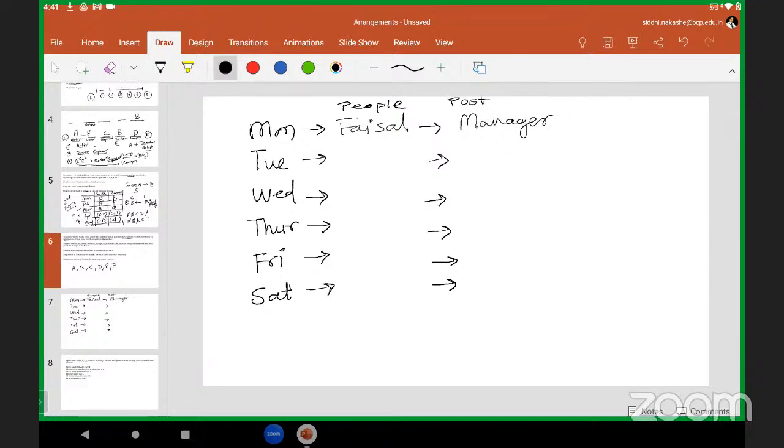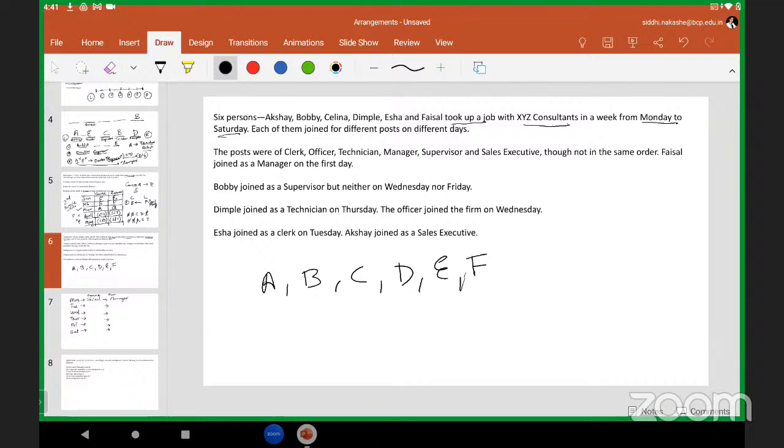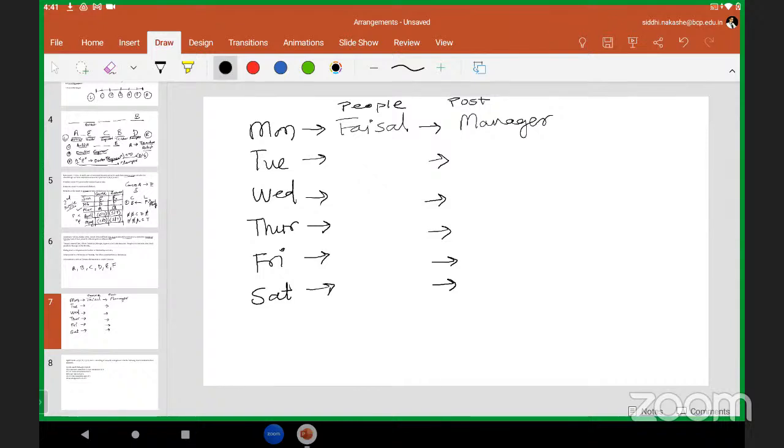So moving forward with the second term, Bobby joined as supervisor, but neither on Wednesday nor Friday. So Bobby didn't join on Wednesday, didn't join on Friday, and Bobby joined as a supervisor.